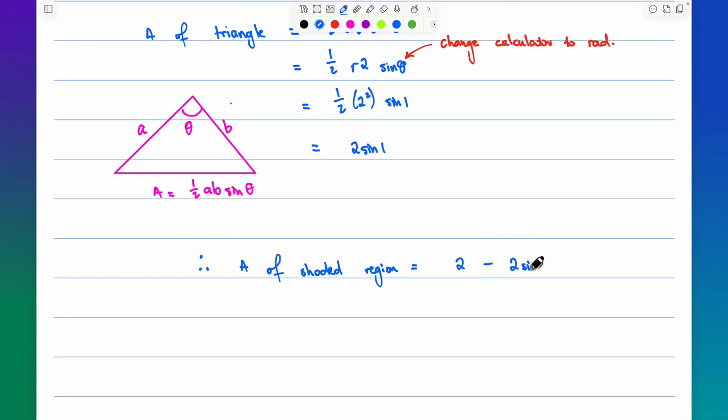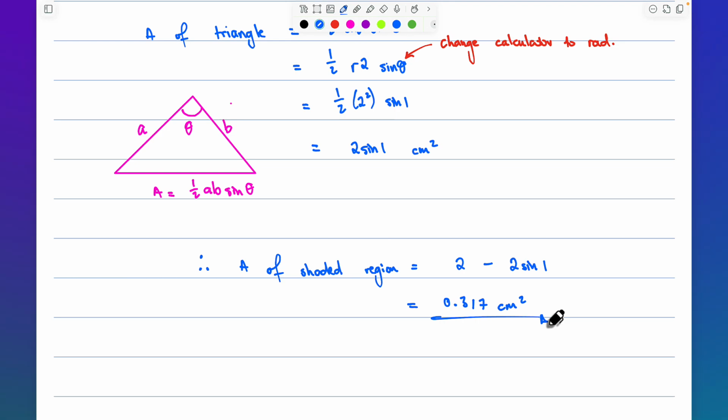That area is 2 sine 1. If you subtract these and you get a negative value, you've done something wrong, right? So I'm going to punch it in, 2 minus 2 sine 1, 0.317, just write it to 3 significant figures. This is actually supposed to be centimeters squared. When it's ambiguous, just write the 3 significant figures.